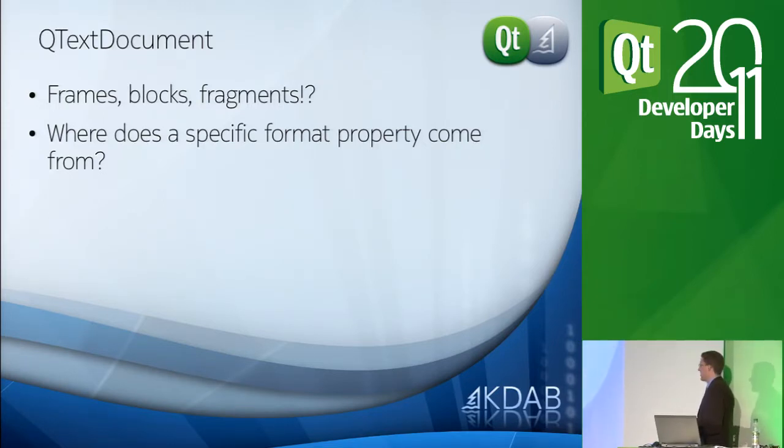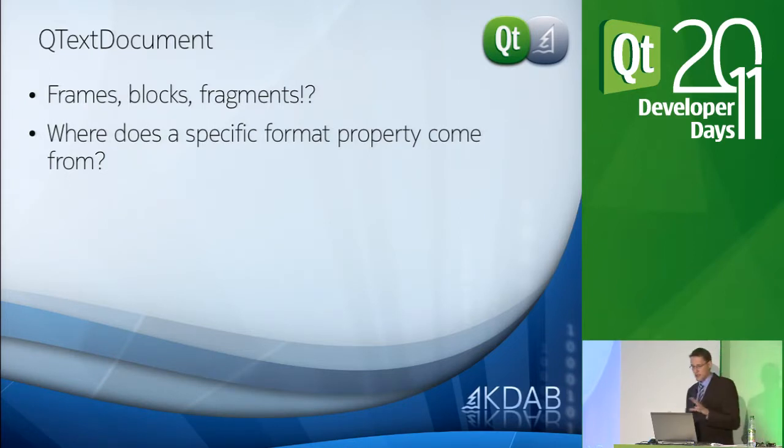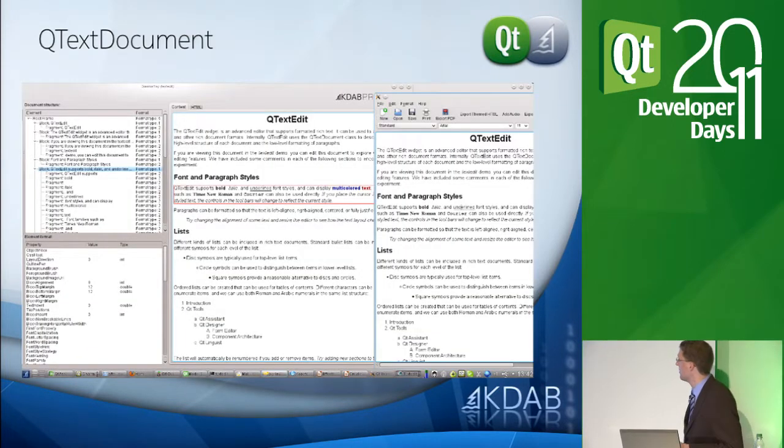So it has frames and blocks and fragments and lists. All of these are classes, and all of them have their own format properties. It's quite hard to get into that and to get a feeling for how your document is structured. So where do I actually need to do manipulation so that it shows up in the way I want it.